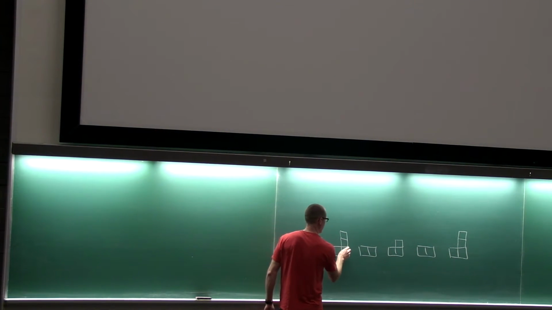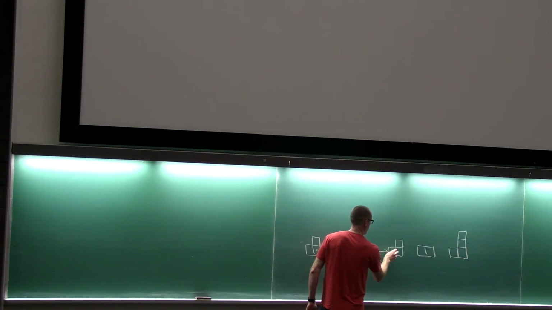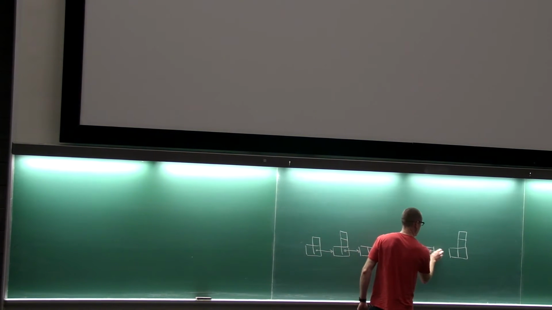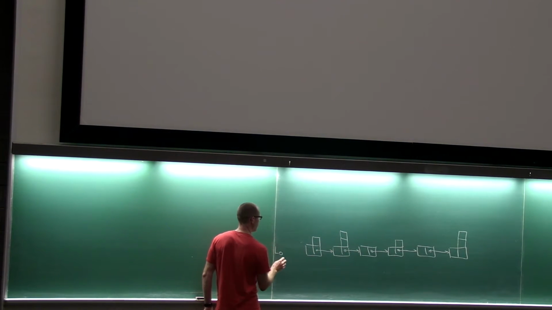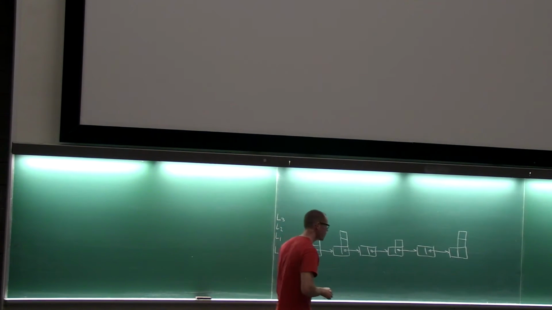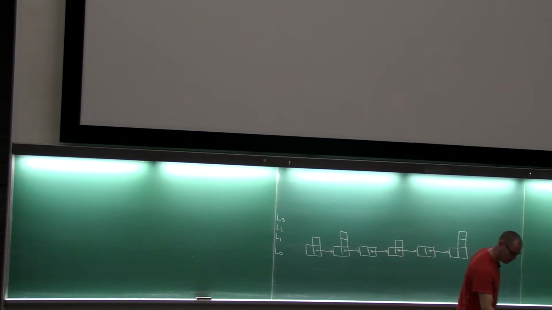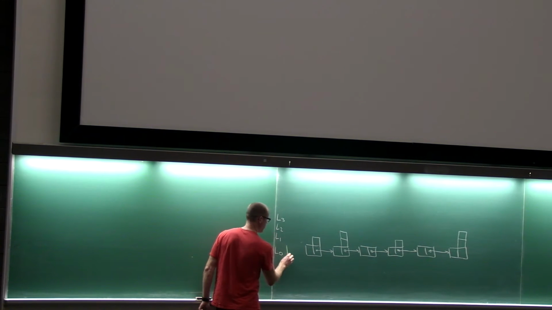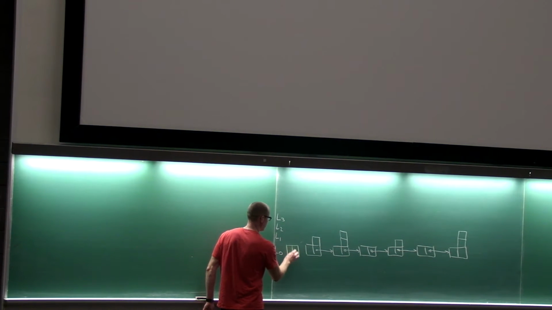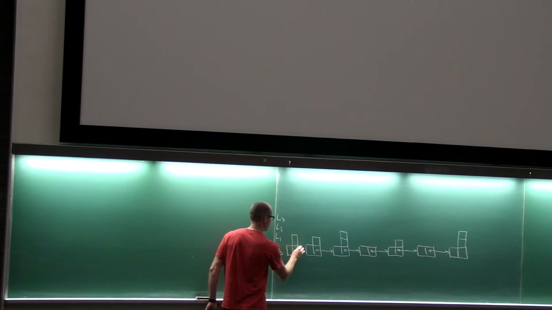A whole sequence of lists, which we call L0 for the first one, L1 for the second one, L2, L3, and so on. And on the front of this whole structure, you tack on an extra sort of dummy node called the sentinel. And the sentinel doesn't store any data.